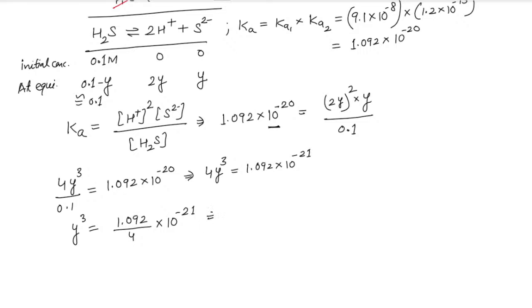So y is equal to 1092 over 4. So it becomes 10 raised to power minus 24 into 1092 over 4. So 4 to the, around about 273, raised to power 1 by 3, cube root of it.